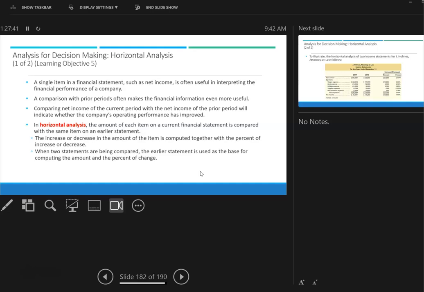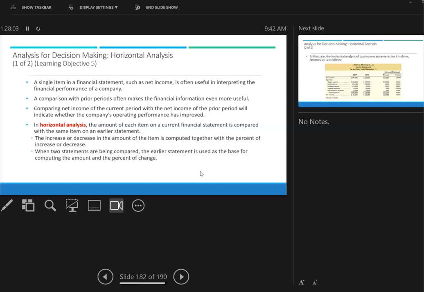we are going, the last bit of analyzing transactions is knowing ultimately these financial statements provide information to the end user so they can make decisions. There is something that we call horizontal analysis.